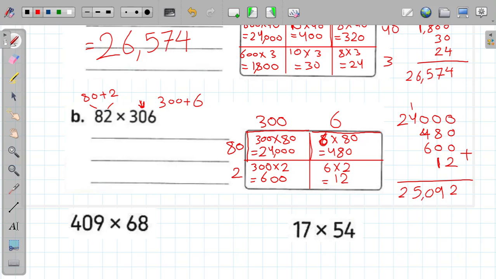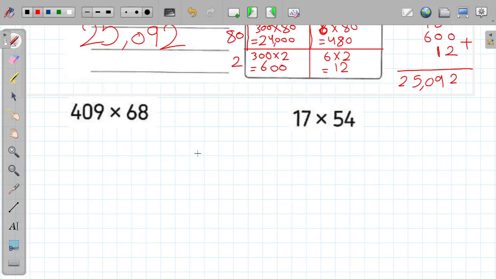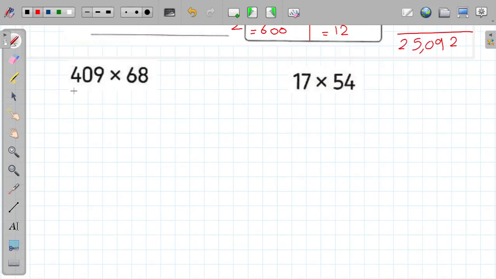So the result will be 25,092. Let's try another one. I have 409 times 68.